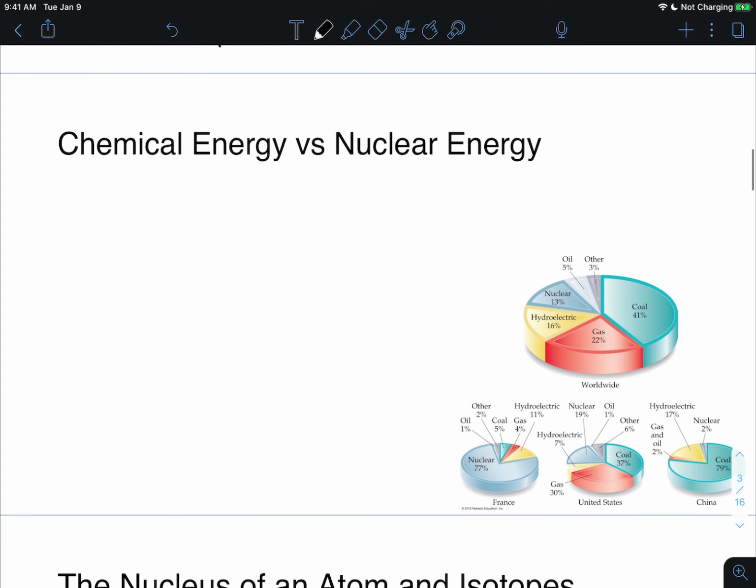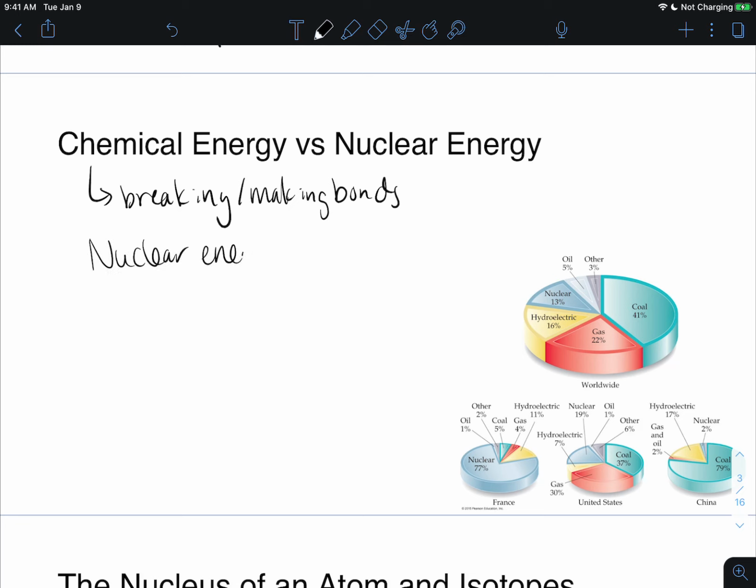So in this section, we're going to be talking about nuclear energy, and it's very different from chemical energy. When we have chemical energy, it's the breaking and making of bonds. Nothing's happening to our nuclei. Nuclear energy, on the other hand, comes from the changing of one nucleus into another.